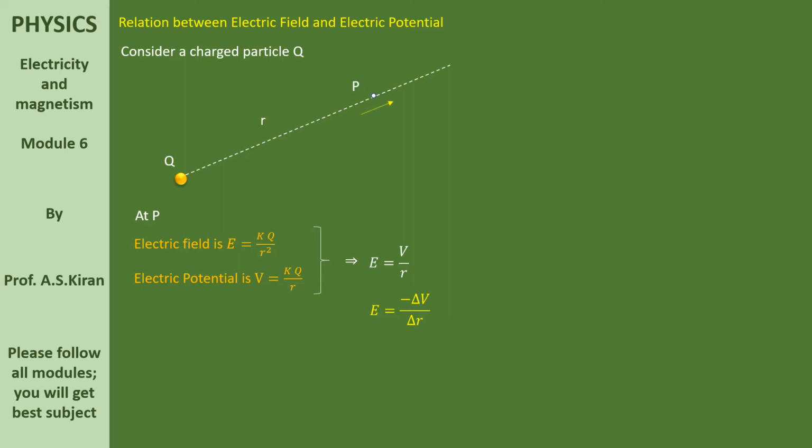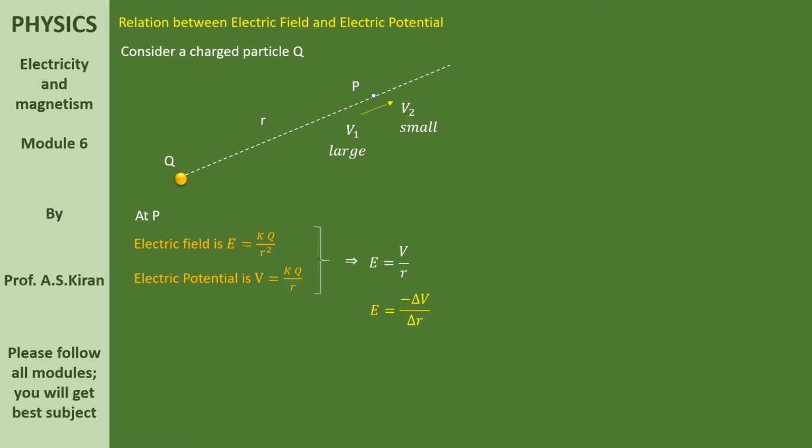At the location P, there is an electric field. With that small electric field which we are considering, there will be two boundaries, V1 and V2. On one side V1 is there, on the other side V2 is there.